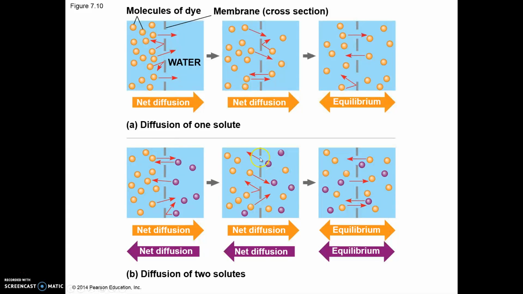Just looking at random chance, it can either bounce off or it can go through. So the opposite is going to be true for the purple. So over time, the purple is diffusing to the orange side and the orange is diffusing to the purple side.